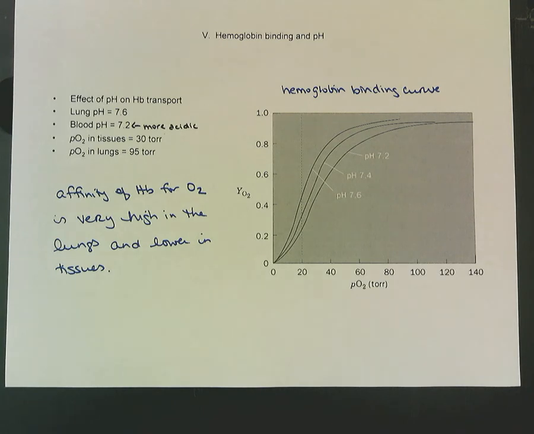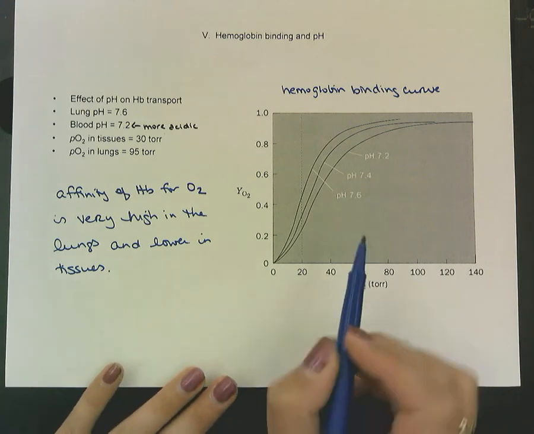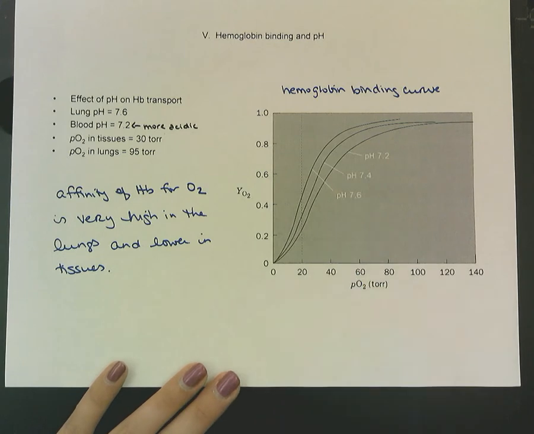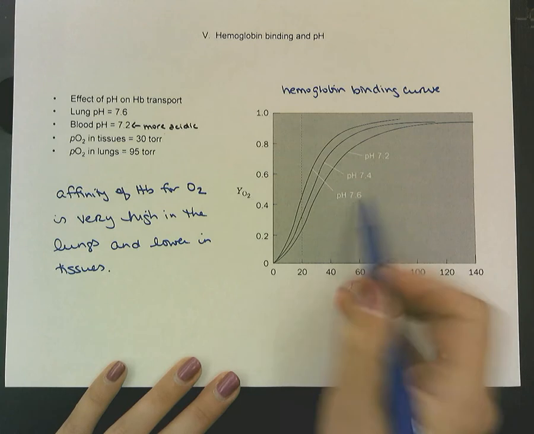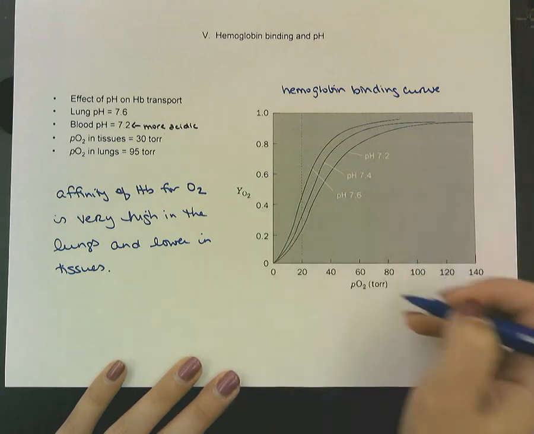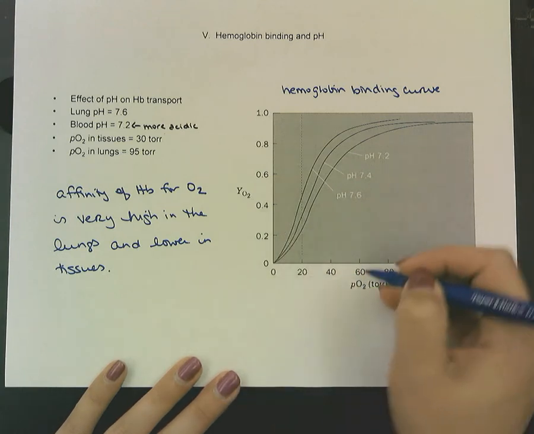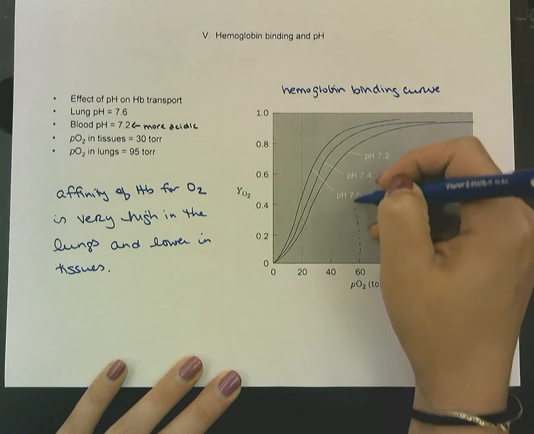Well, there is also a pH effect on hemoglobin's binding ability. So if I look at pH 7.6, which is my lung pH, and I look at somewhere here, we'll say 60, somewhere in the middle.